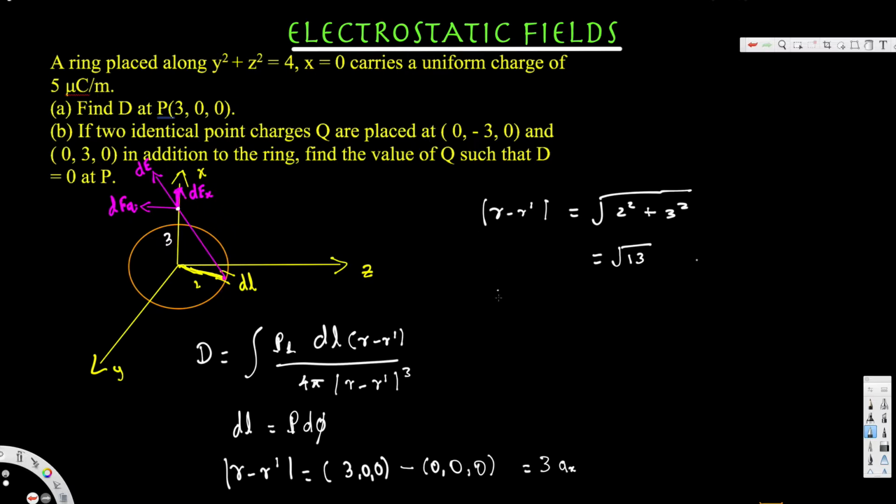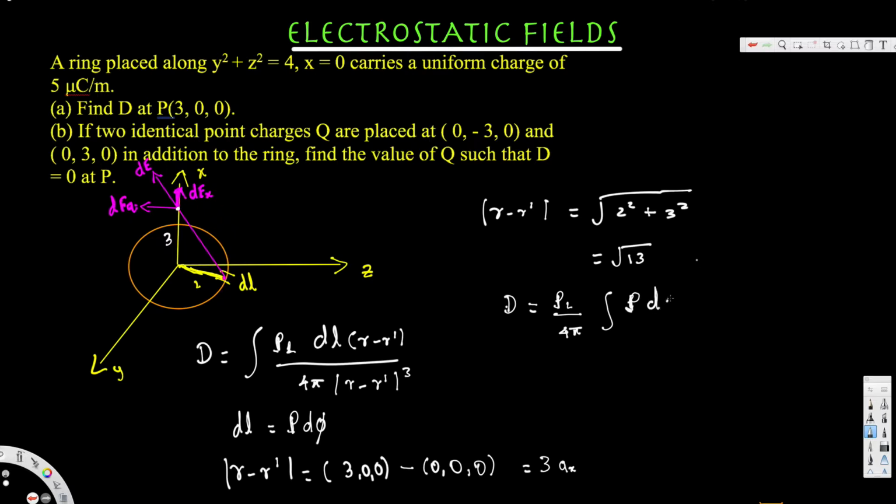Now we have this, so let's go ahead and rewrite the equation in terms of d phi and rho. Finally we are going to get something like this. D is equal to rho L divided by 4 pi, integral of rho d phi. Since d phi is the only thing changing, the rest is just a constant, so we move it to the front.